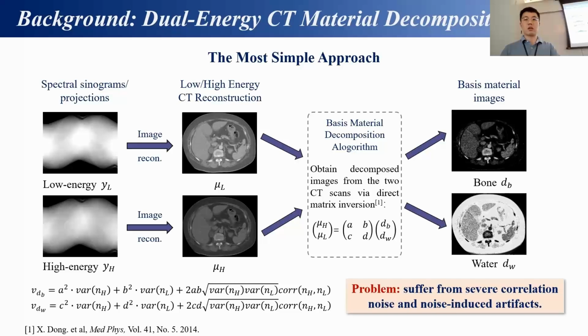However, under a low dose scanning protocol, the decomposition process is an ill-posed problem in this decomposition algorithm of the basis images, which leads to serious degradation of the signal-to-noise ratio of the basis images. The noise variance in the basis images can be expressed in this form, where the variance represents the noise, and the covariance represents the correlation of the noise.